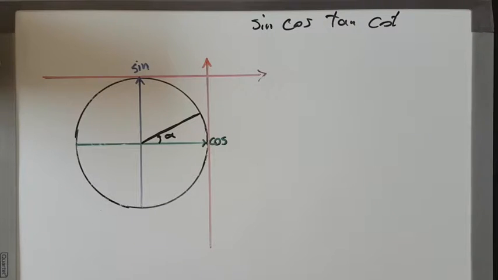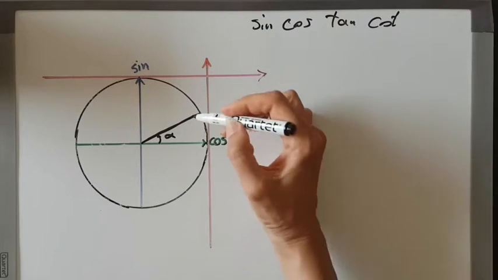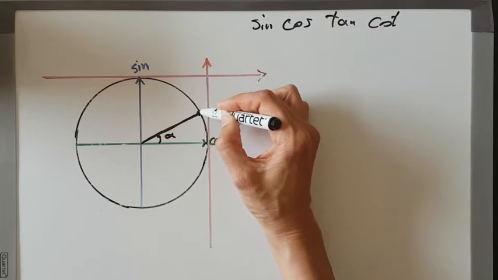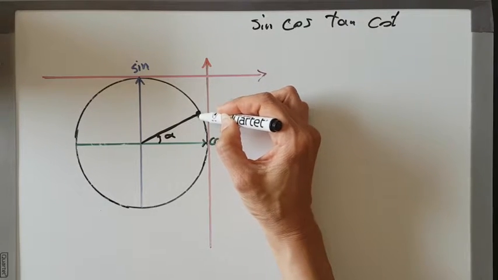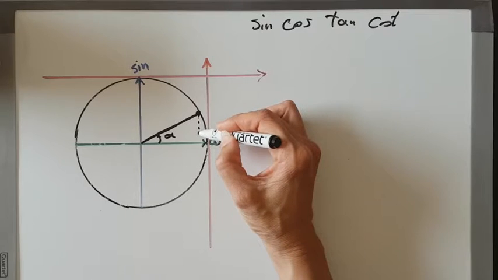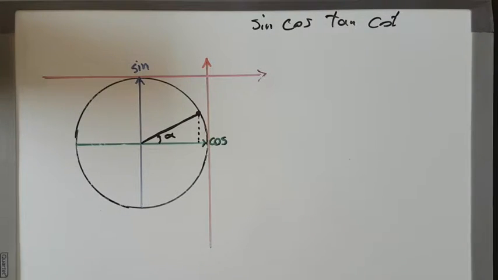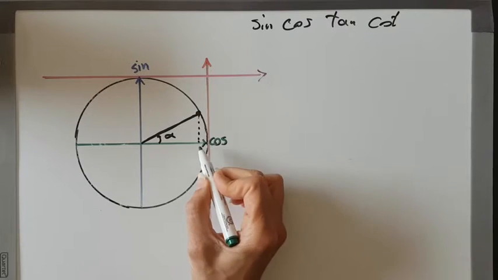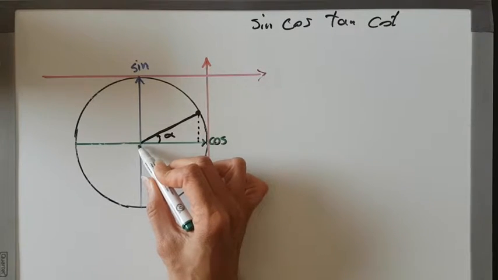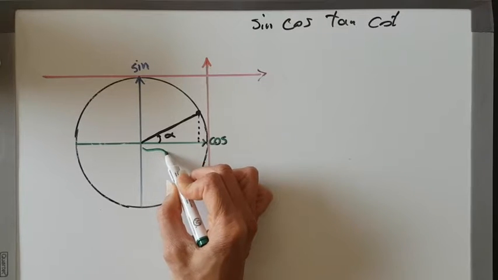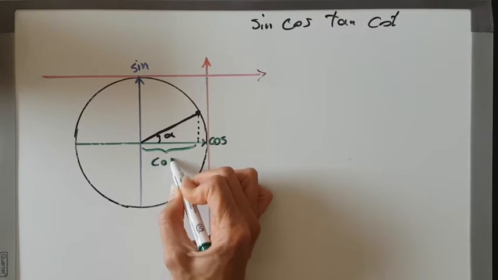If I draw a perpendicular to the cosine axis from where it meets the circle in here, wherever it meets the cosine axis, from the origin to here, it's actually the cosine of alpha.